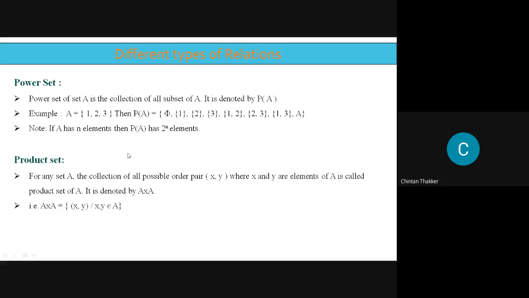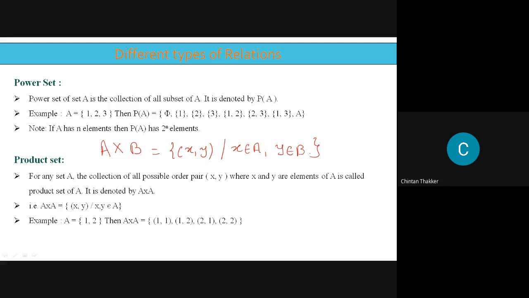If the two sets A and B are given, then A cross B is equal to the set of x comma y such that x belongs to A and y belongs to B. This is the definition for A cross B. Now we take one example for the product set.